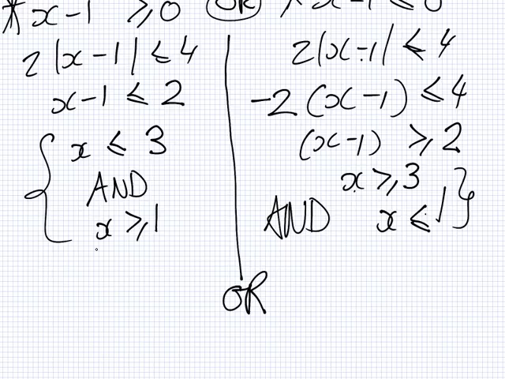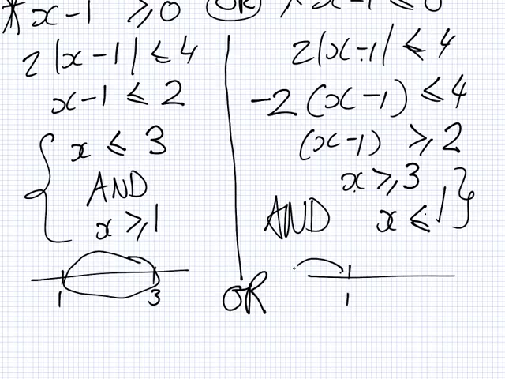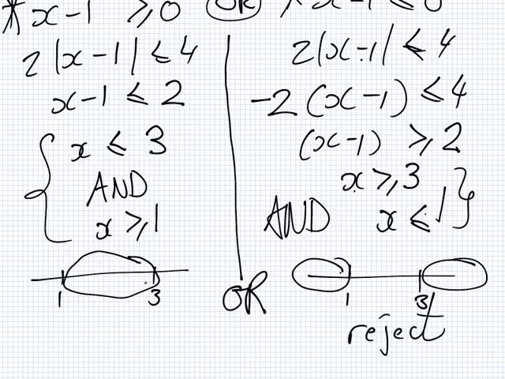If you draw that on the number line, there's 1, there's 3. It has to be between 1 and 3, obviously. And what about this? We need x to be less than 1 and more than 3. Doesn't work, so reject. So the answer is x must be between 1 and 3, which is the same answer we got a moment ago.